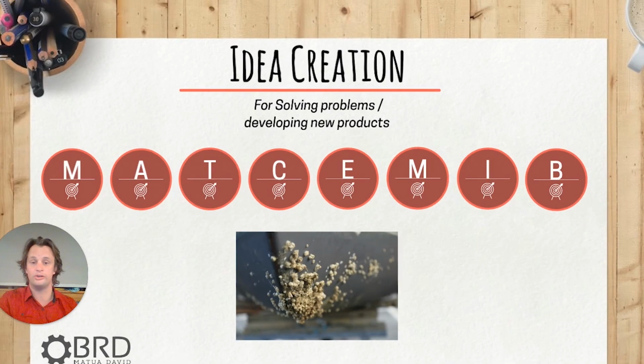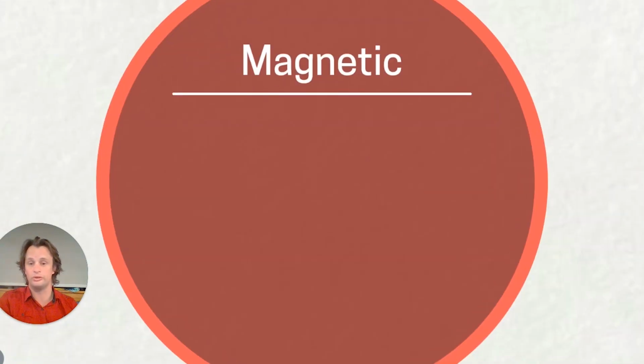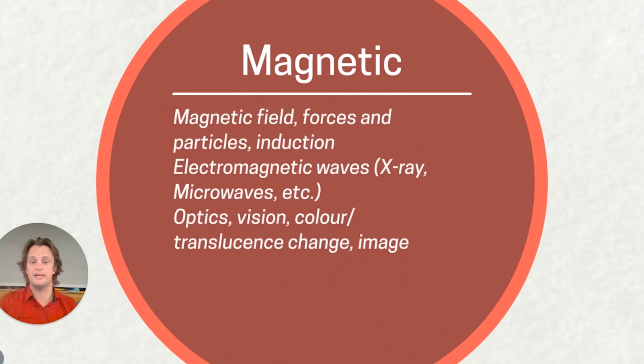There's some really great alternatives here. M is for magnetic. So immediately we always start to think of these little black magnets that we've got, and creating magnetic forces and magnetic waves and whatnot. But we can take that further. We can talk about using X-rays and microwaves. There's all sorts of things here that we can use to solve these problems when we start to dig deeper.